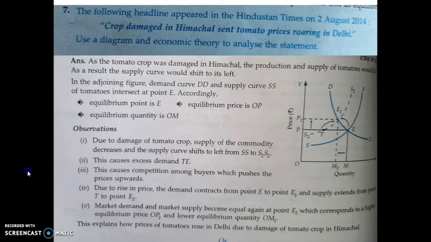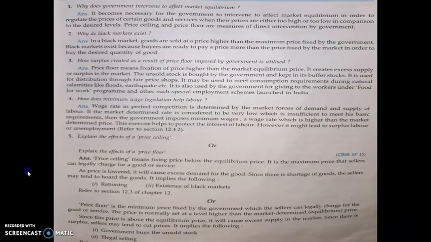The next topic is government intervention in fixing the equilibrium price. First question: why does the government intervene to affect the market equilibrium? What is the reason behind the government interfering in the market equilibrium?